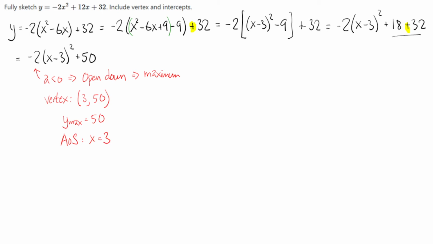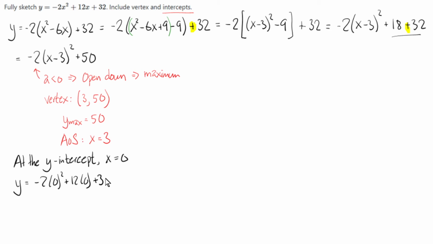Now we also need to find the intercepts. So we need to find the y-intercept. At the y-intercept, x equals 0. So it's just a matter of replacing x with 0 and then solving for y. Plus 12 times 0 plus 32, which leaves us with just 32.